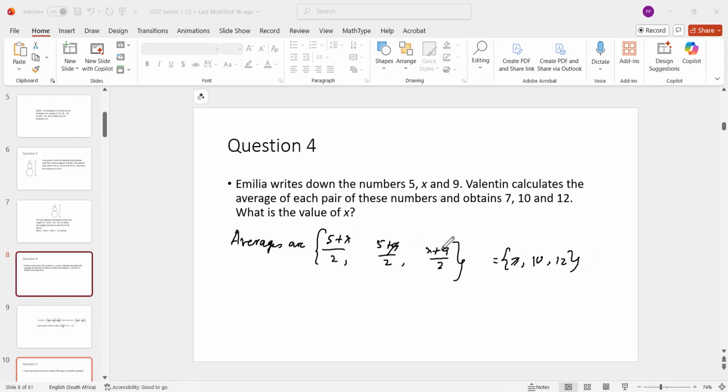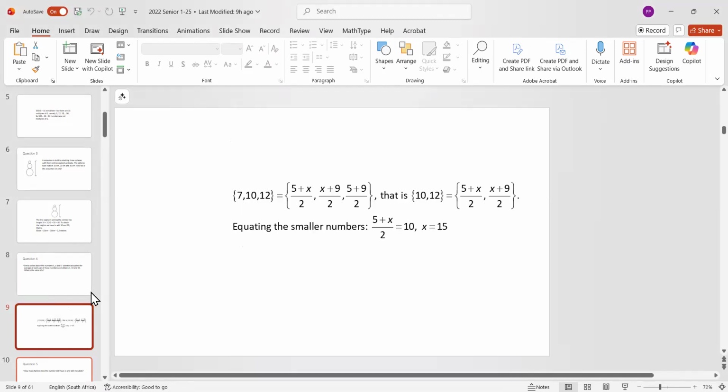Well, obviously it's smaller than this, and the one that is smaller than the smallest one here is 5 plus x on the left-hand side, must be equal to the smallest one on the right-hand side. Multiply by 2, 5 plus x is equal to 20, and x is 15. Okay, so the answer is 15. All right, that's the answer that I had calculated some time ago.